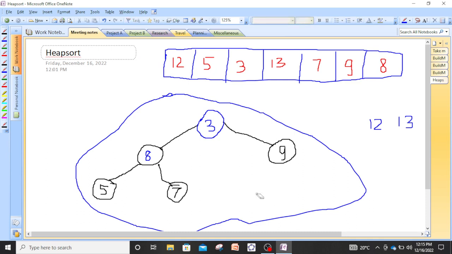This 3 has been removed now, because it has taken the place of the root node. And we repeat the same process. Now again we max heapify this root.